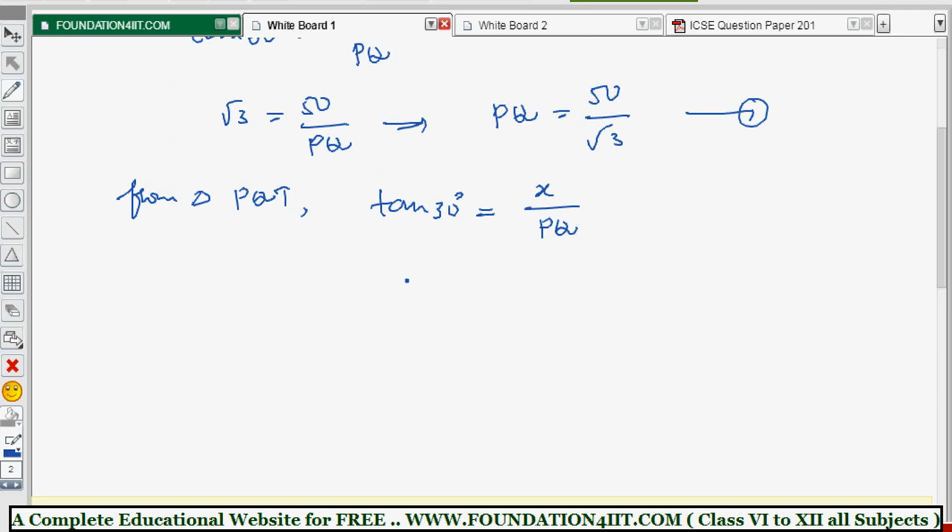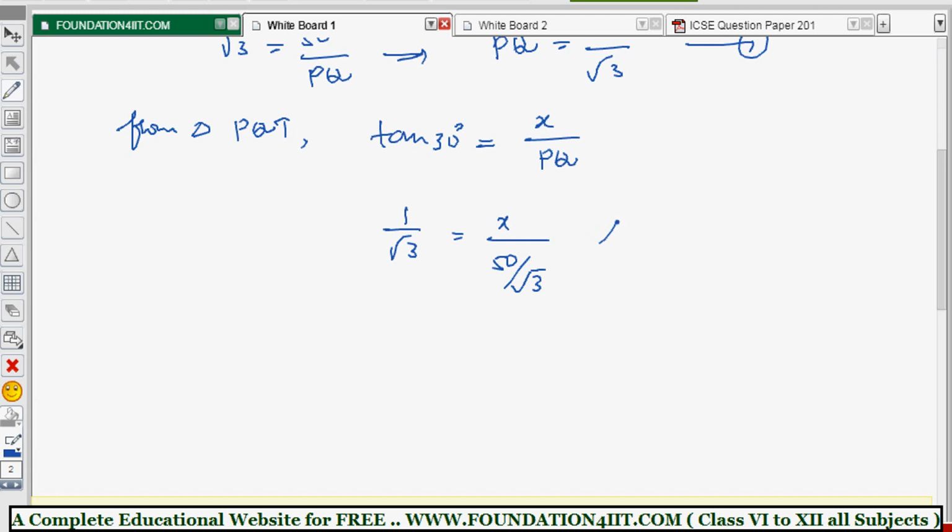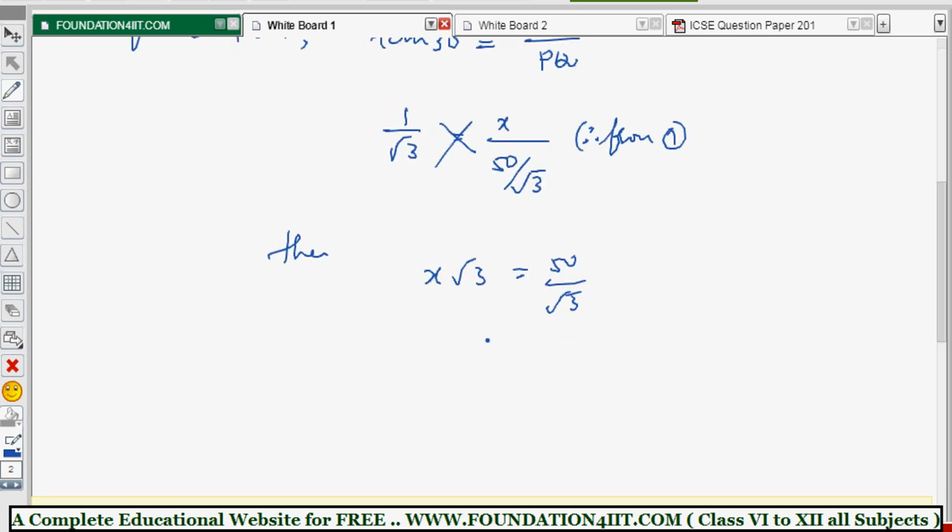So tan 30 is 1 by root 3, x by PQ is 50 by root 3, from equation 1. Now if you do cross multiplication, x into root 3 is equal to 50 by root 3. Then x is equal to 50 by root 3 into root 3, that is 50 by 3.